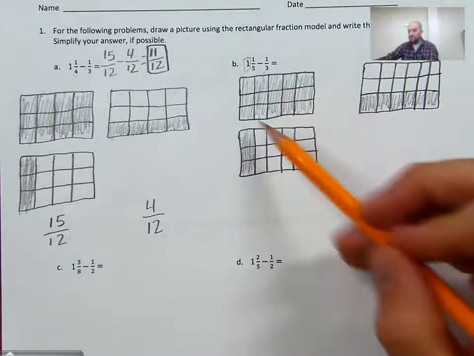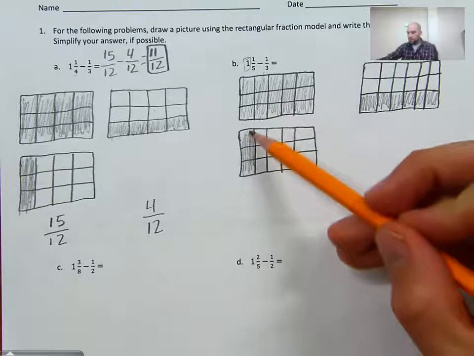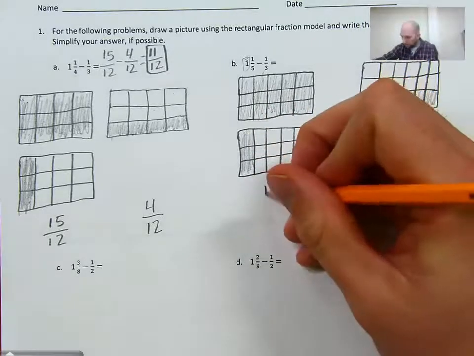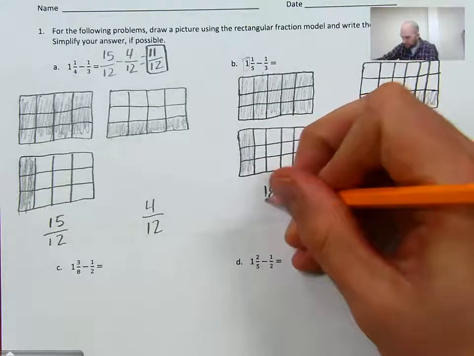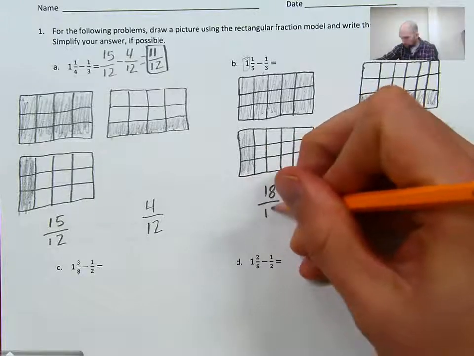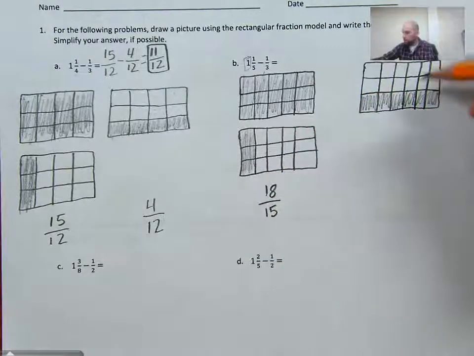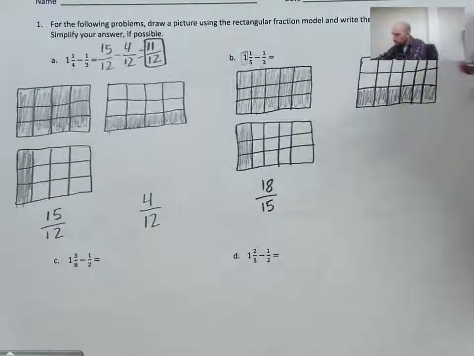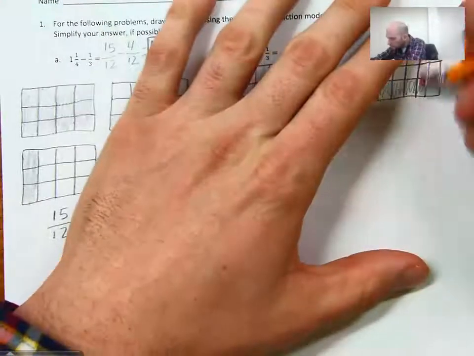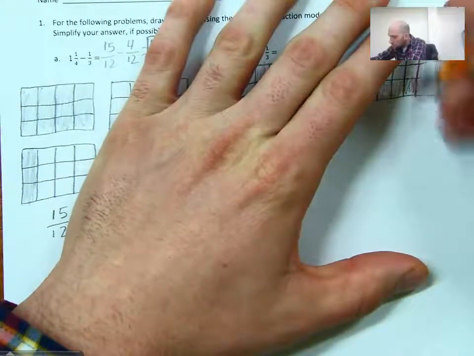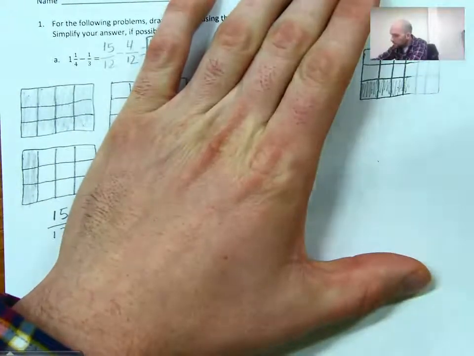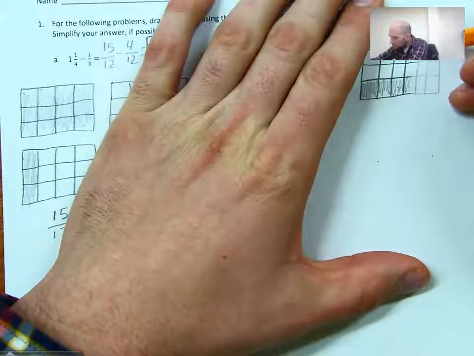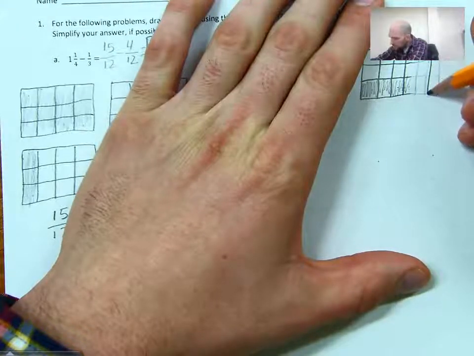Here I have 15 15ths, that's 1 whole, plus 3 more 15ths, gives me 18 15ths. And here I have 1, 2, 3, 4, 5. Oh, I have 1 too many there. I thought I might have 1 too many. I have 6 pieces altogether there.